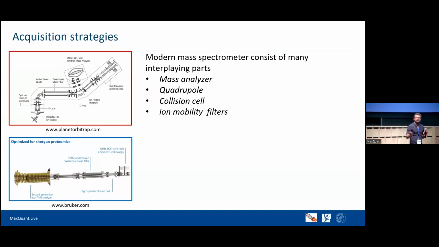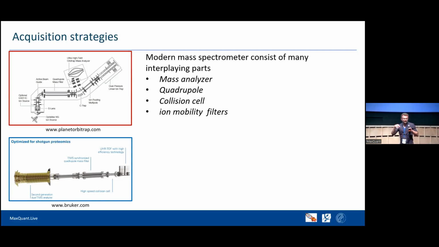But there's also a quadrupole, which allows you to select precursors or to select certain ranges, depending on what you want to do. Then there is a collision cell. There are various collision cells, HCD, ETD, and most devices also have some ion mobility devices, like FAIMS or the TIMS device for Bruker.